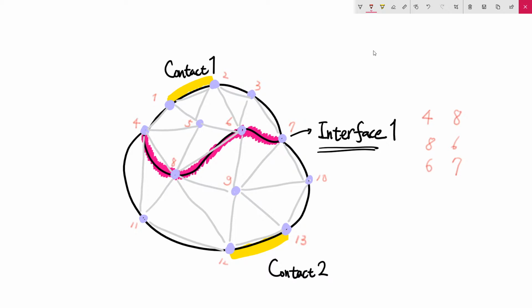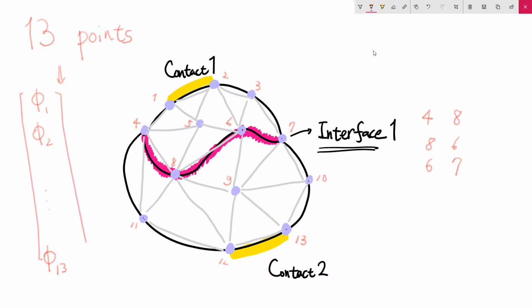Then now you want to assign your unknown variables to your 13 points. You have 13 points, so your obvious choice is to assign phi 1, phi 2, and so on, up to phi 13. That is your usual choice.